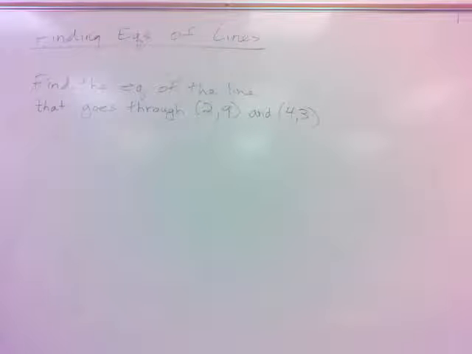Okay, so again, the goal is y equals mx plus b. That's what I want to find. Find the equation of a line, and that's usually what I want, y equals mx plus b.